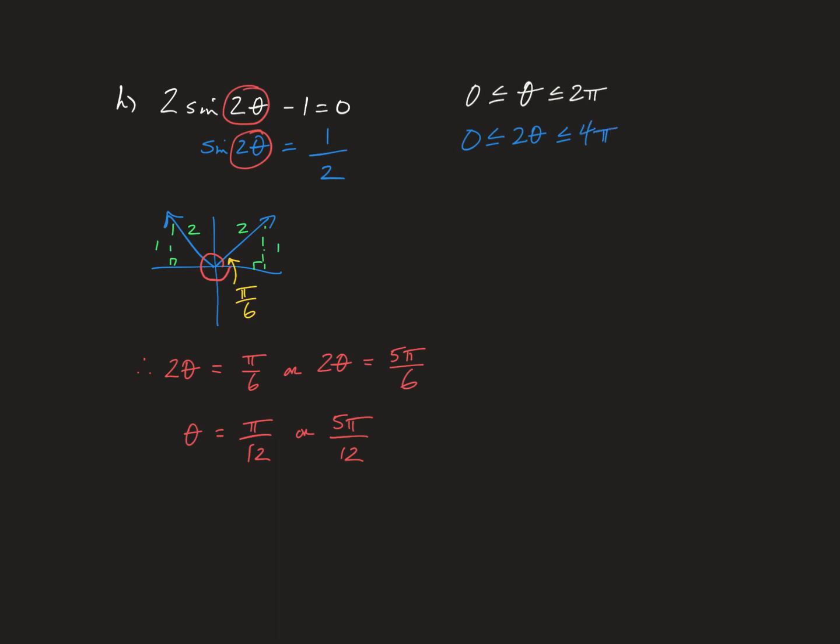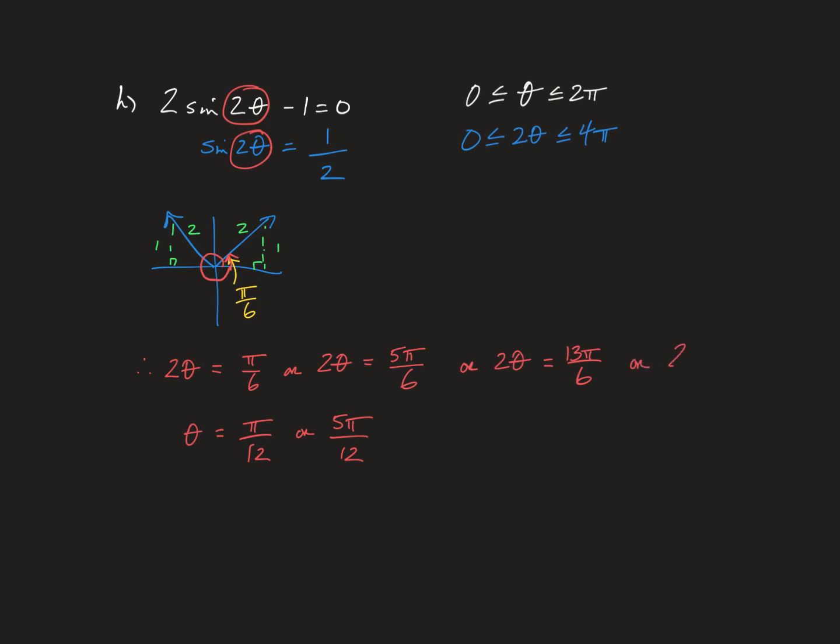And so maybe what I do is I rotate all the way around and then into quadrant 1, which means that I have another solution for 2 theta. All the way around in pi by 6s would be 12 pi by 6. So to go one more pi by 6 into quadrant 1 puts me at 13 pi by 6.